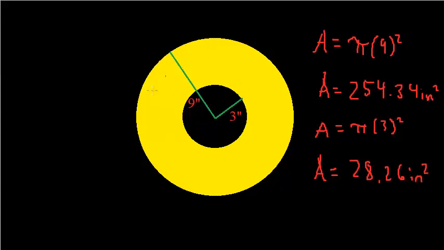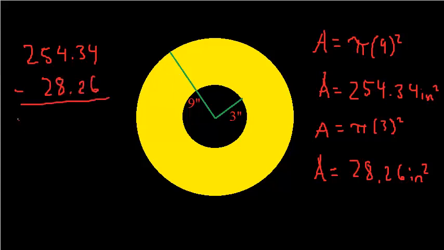So in order to find the area of our shaded region, we take our 254.34 and subtract from it our 28.26. This gives us the total area of 226.08 inches squared. So that is the area of this yellow washer.